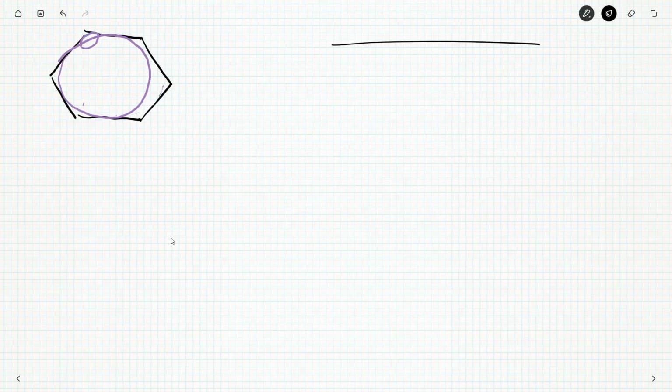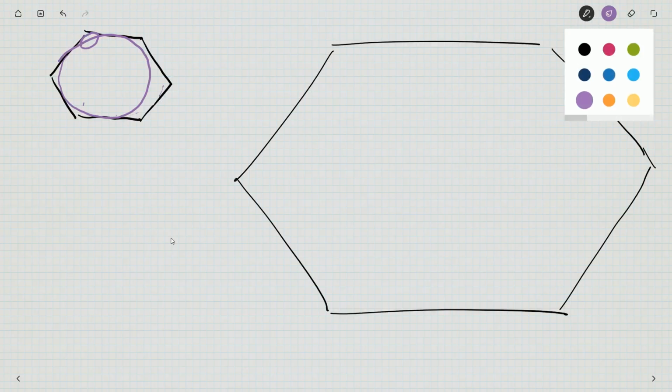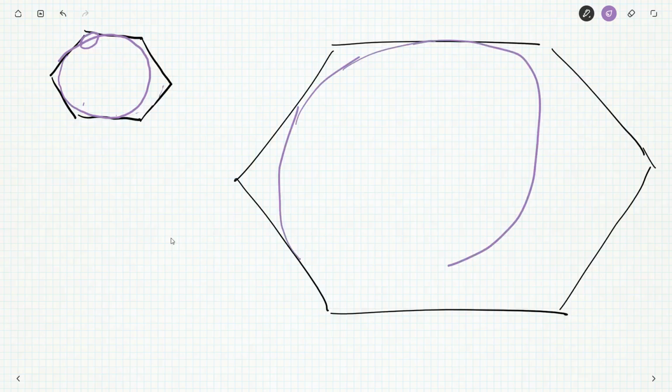So, let's draw a super huge hexagon and see what's going on. Alright, so 2 is fine. Let's suppose I did get 3. So suppose we did have 3.